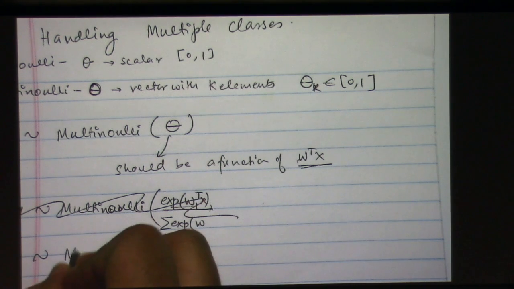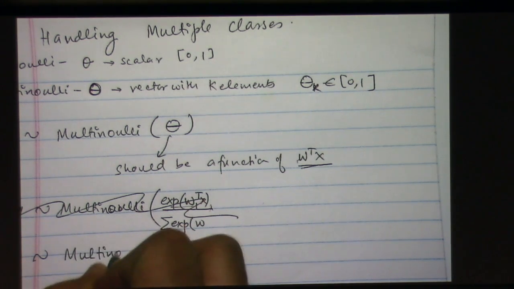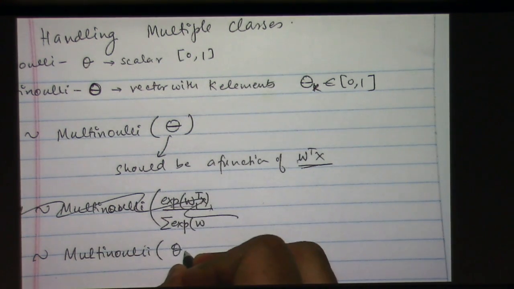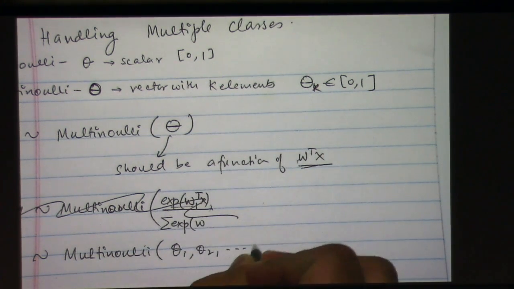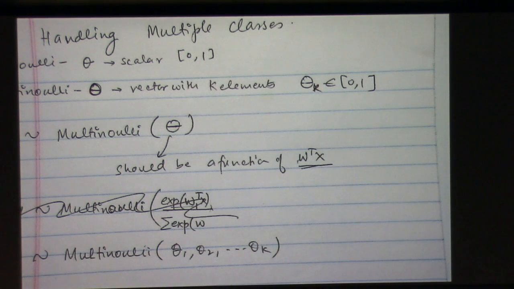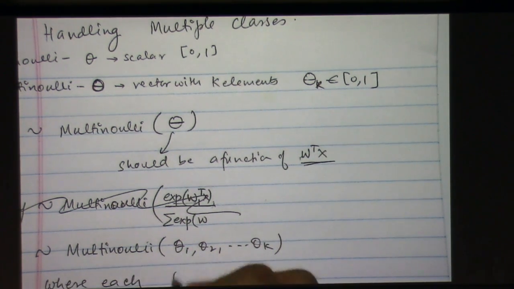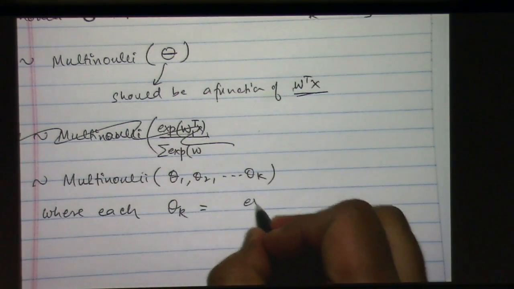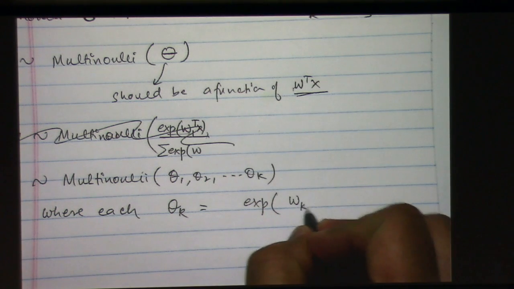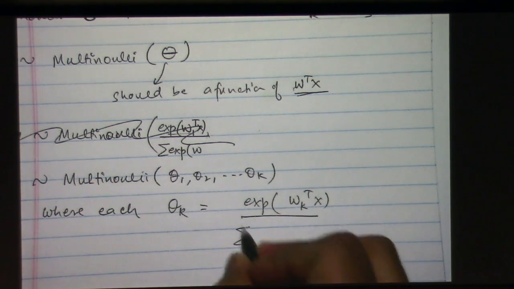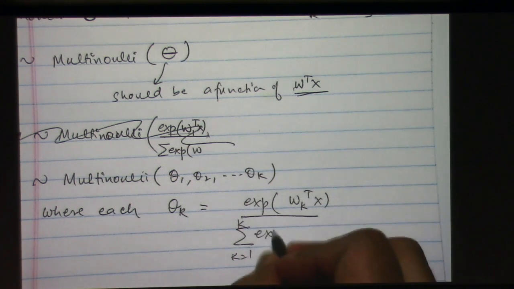So we say y is multinoulli with this theta. I'm going to just expand it. It will be theta 1, theta 2, theta k, where each theta k is equal to exp of wk transpose x over the summation over k equal to 1 through uppercase K.